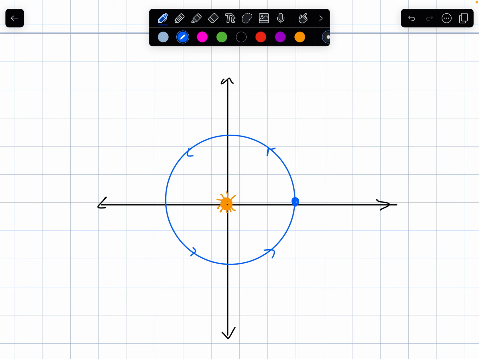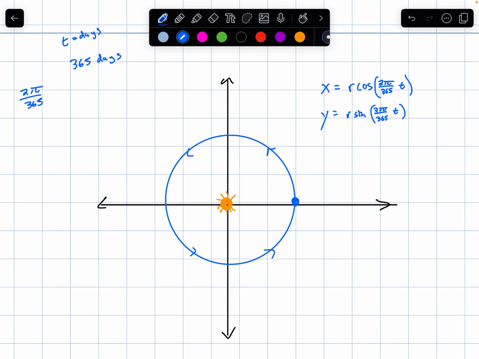So we can say the position of the Earth is given by x equals r cosine of, and let's say we go around the sun every 365 days, so let t be days. So we go 2 pi in 365 days. So I'm going to say r cosine (2 pi over 365) t. And then y is going to be r times sine of (2 pi over 365) t. And this is going to model the path of the Earth.